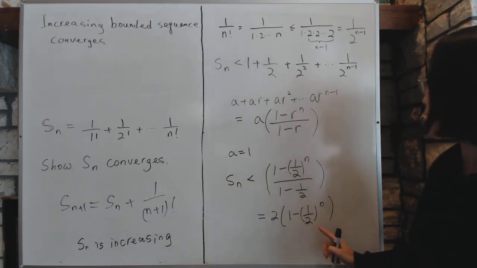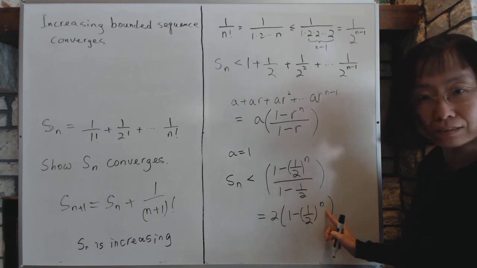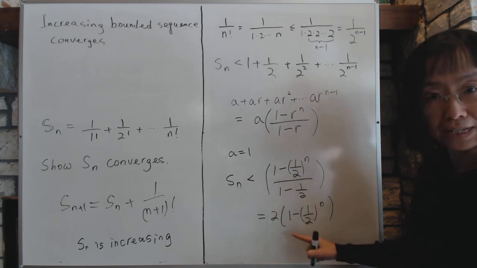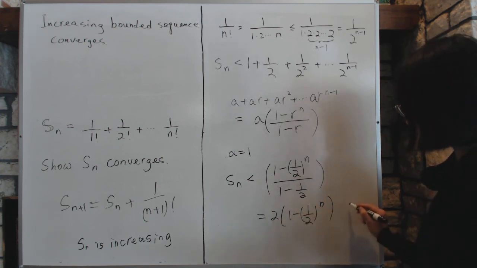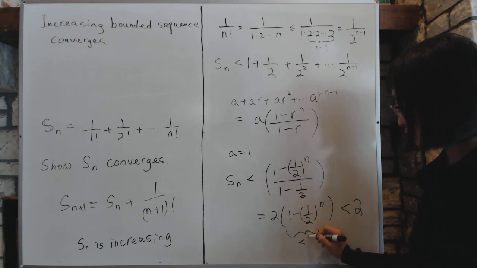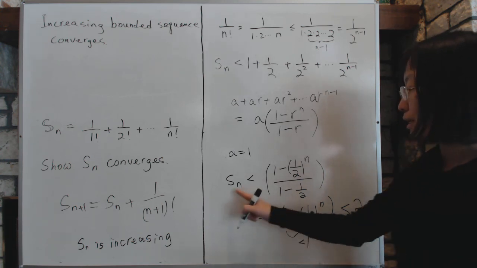And what is that? Because 1/2 to the power n is less than 1, and gets more and more less than 1 as n gets bigger, this 1 minus this thing is somewhat less than 1, and therefore the whole thing is going to be less than 2. Which means Sn is bounded.